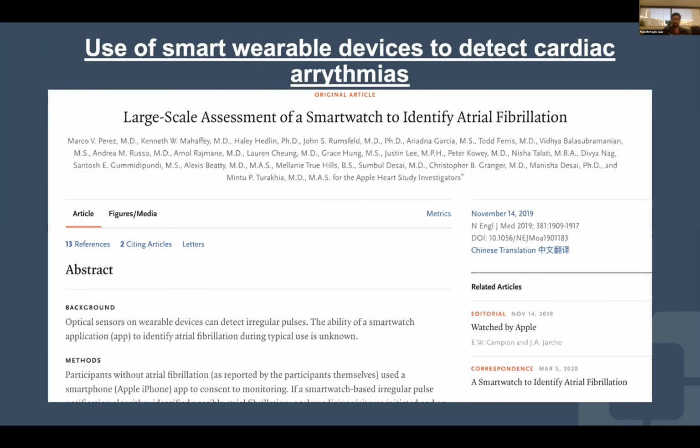They were told that if the Apple Watch gives you an alert, just call your cardiologist, do a telehealth visit, and then wear a Holter monitor for 7 days. Then they assessed how well the Apple Watch's reading of the rhythm from the wrist correlated with the Holter monitor in detecting atrial fibrillation.